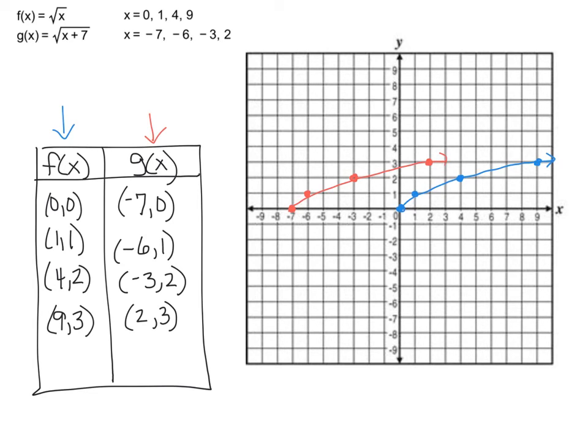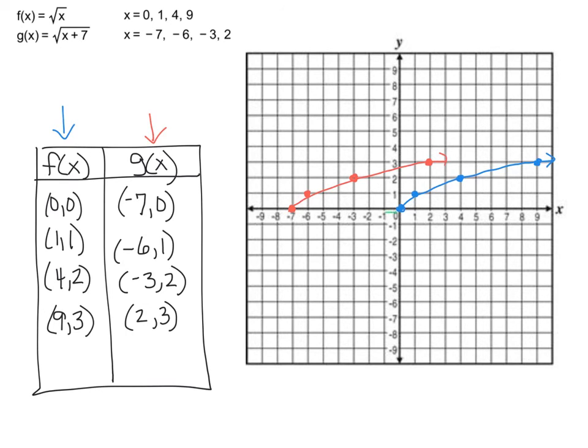So as you can see, both functions have the same shape, but the graph of g of x is shifted to the left. Now in our problem, we're asked to describe how the graph of g, which is the red graph, is related to the graph of f, which is the blue graph. So if we look at the red graph, we can see that it was moved to the left 7 units.